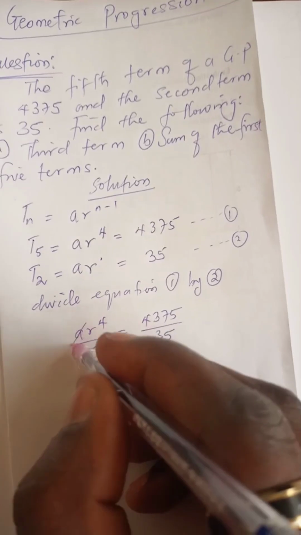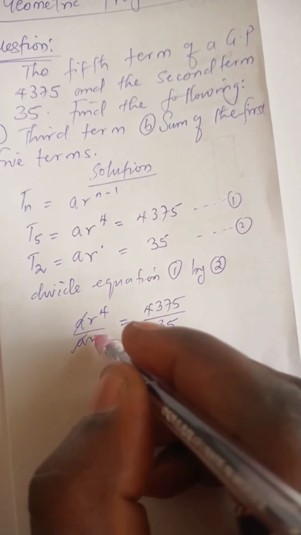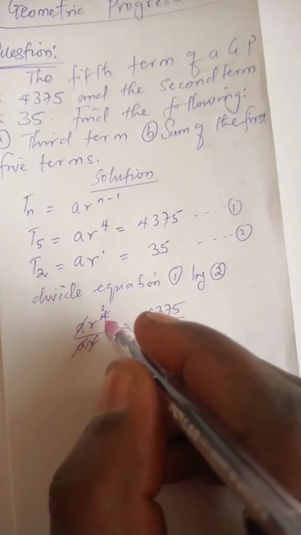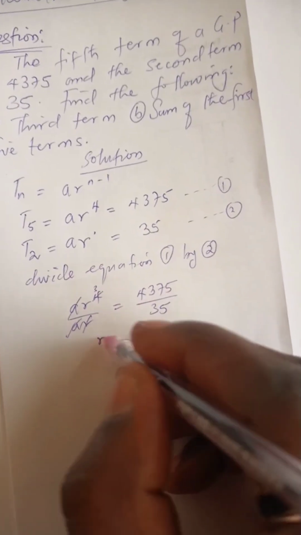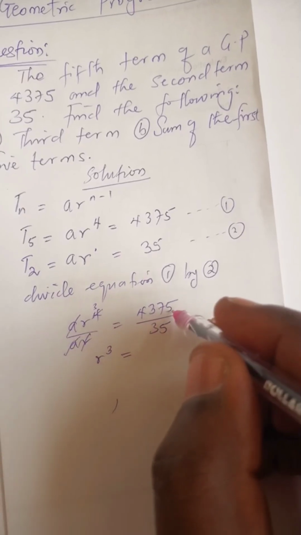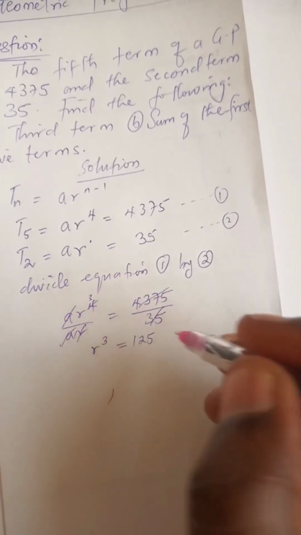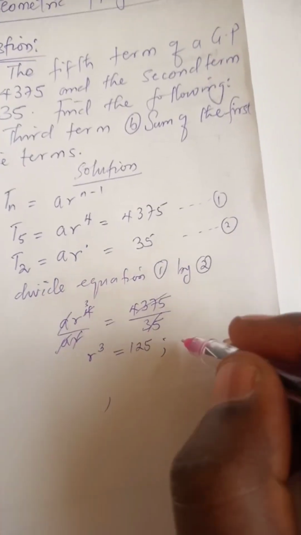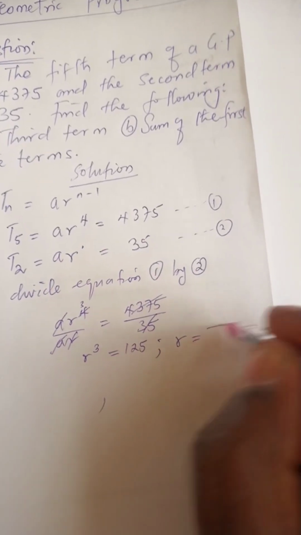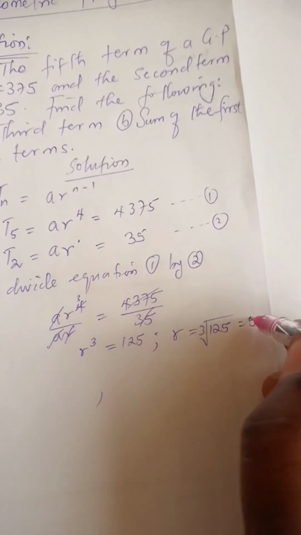So what is common here can cancel out, and if we have 4 R's divided by 1 R, we'll be left with 3 R's. So here we'll then be having R raised to power 3 is equals to 4375 divided by 35 will give you 125. Hence, R will be equals to the cube root of 125, which is equals to what?